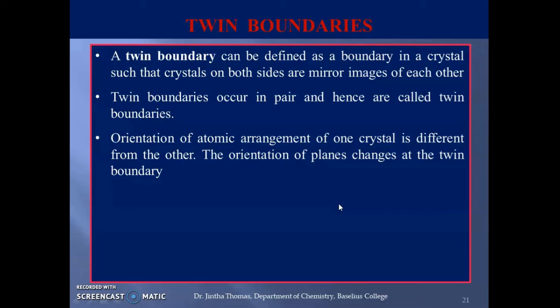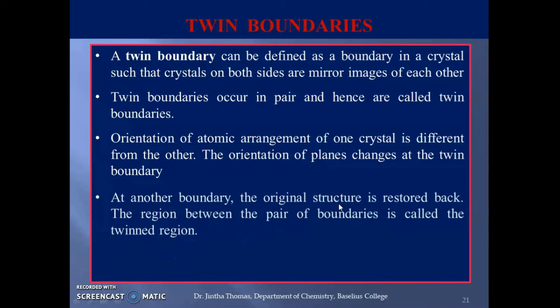The orientation of planes changes at the twin boundaries. The orientation will be different because one crystal is the mirror reflection of the other crystal. So the orientation of one crystal will be different with respect to the other crystal. And the orientation of the planes changes at the twin boundary that separates the two different crystals.